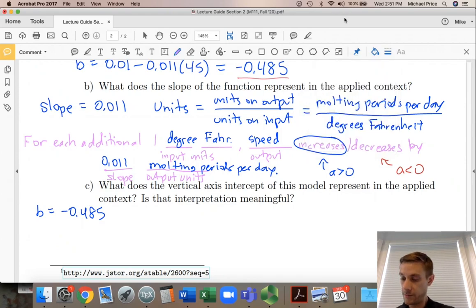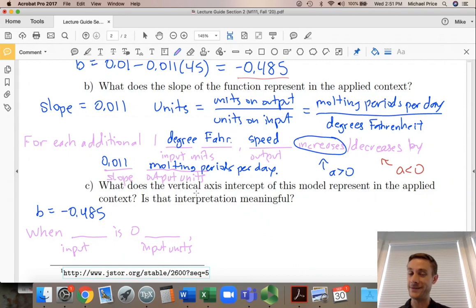So when whatever our input is 0, and then we'll keep our units. So here's input, and then here's input units. And unlike up above where we had to put in the numbers here, the 0 is going to be the case because that's what it means to be a vertical axis intercept, a y-intercept if you like.